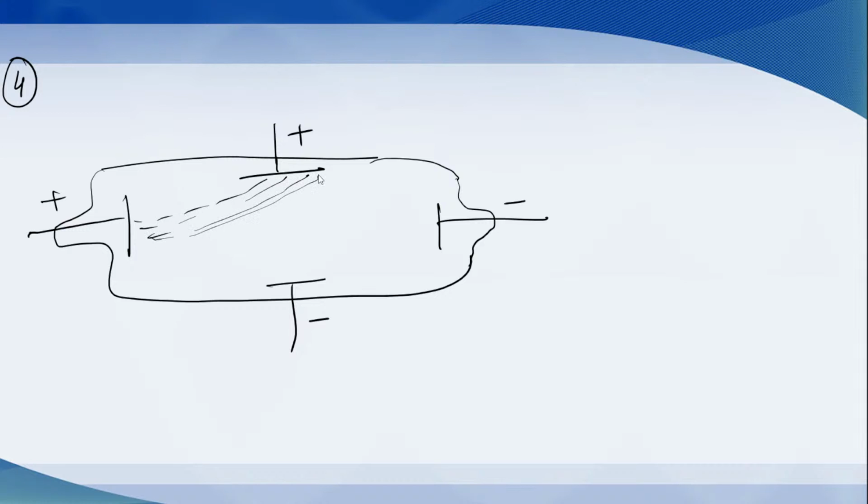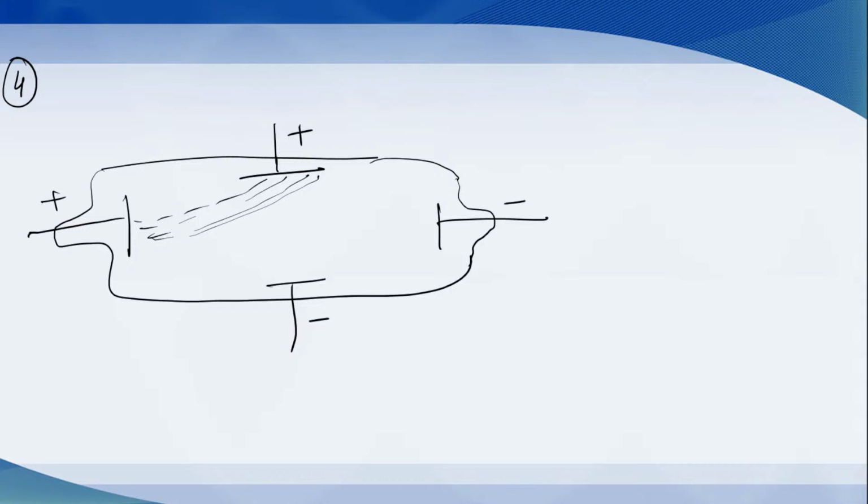Otherwise, they move in a straight line in the absence of electric and magnetic fields. But whenever an electric field or a magnetic field is applied, they start deflecting in a direction which shows that they carry negative charge.